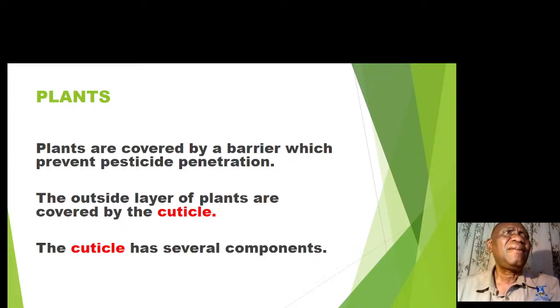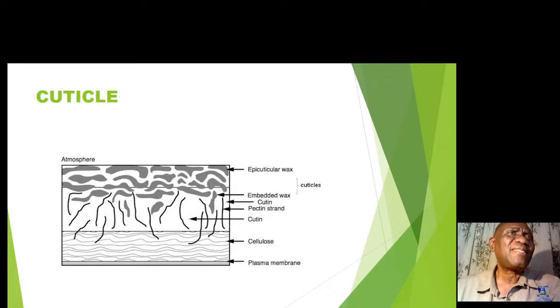So the cuticle has several components. Let us have a look at the components. You can have on the outer surface, forming a boundary with the atmosphere, the epicuticular wax.